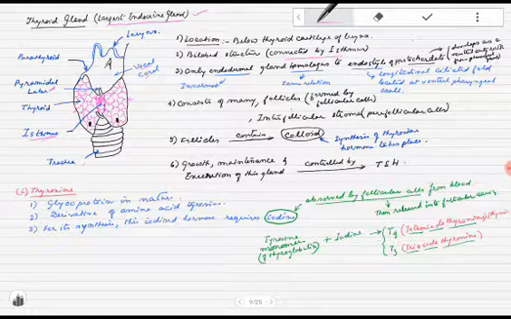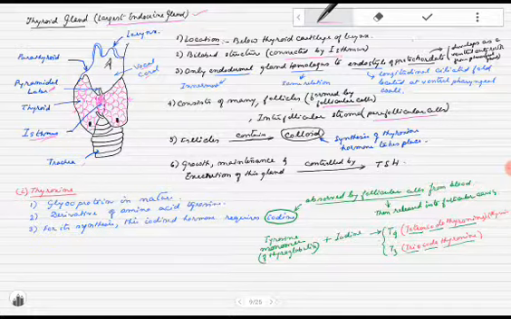In the interfollicular stroma are the parafollicular cells. The follicles contain colloid, where synthesis of thyroxine hormone takes place.